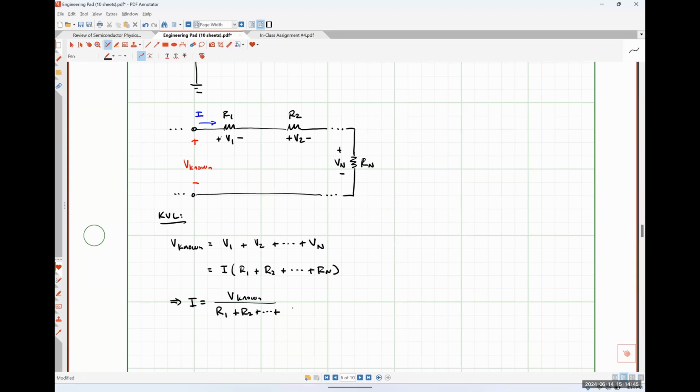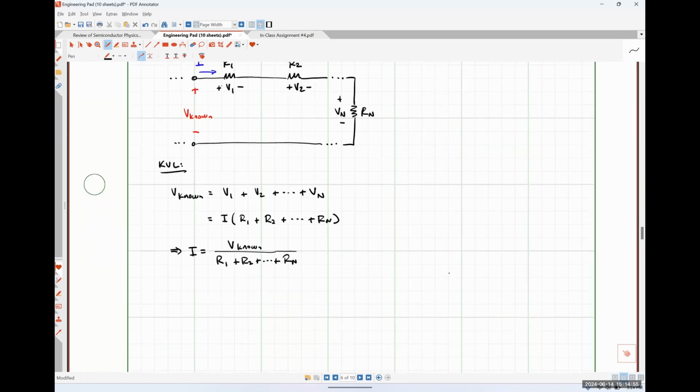I'd be willing to bet that you guys have come up with a relationship incredibly similar to this multiple times when working on your homeworks to this point. So it shouldn't be anything too wild or crazy to comprehend. Now, the voltage V1, according to Ohm's law, is just I times R1.